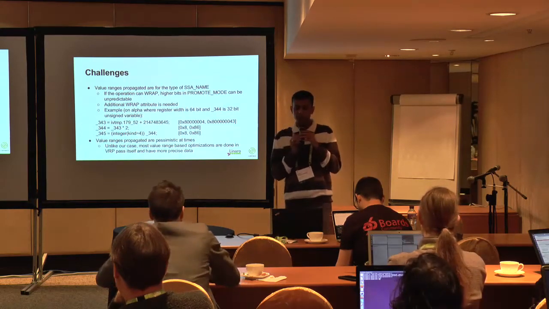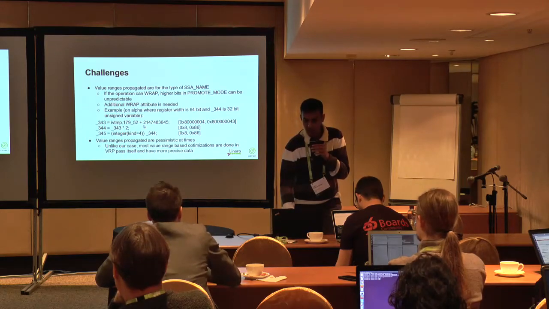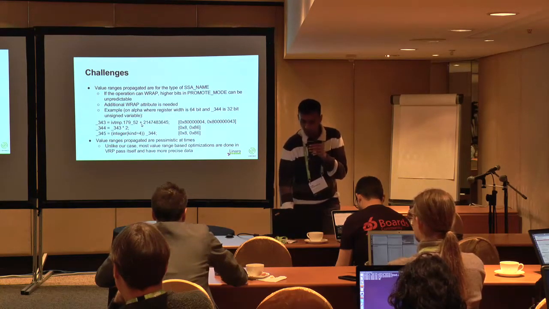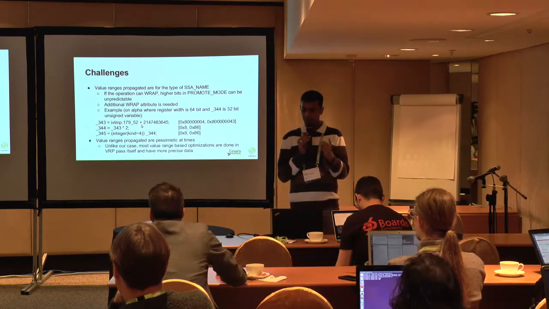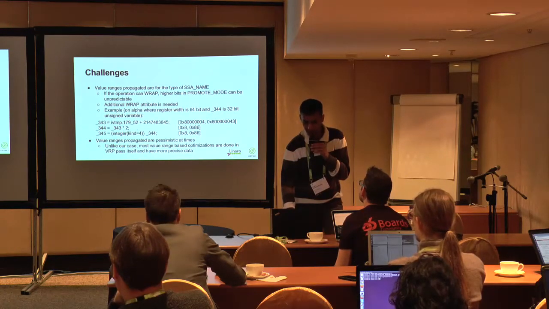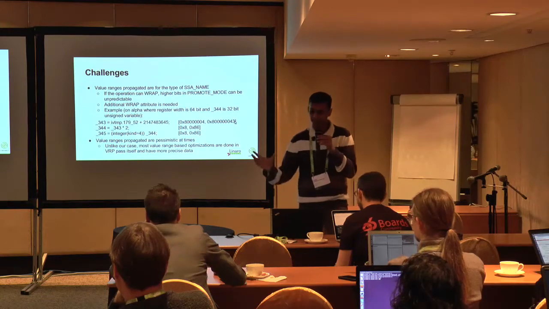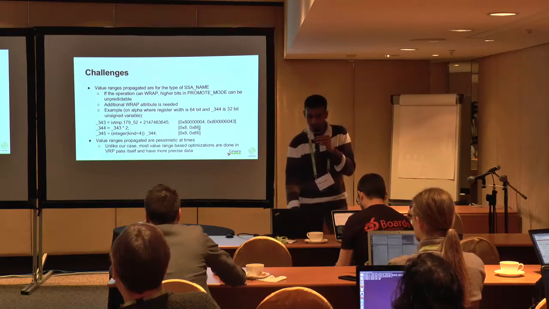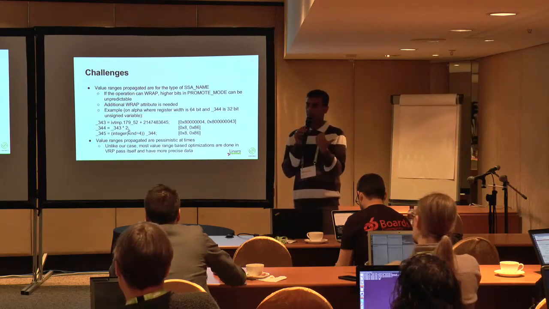to the type. I think the best example is the one we ran into with Alpha, where the promoted mode was 64-bit, and _34 is a 32-bit unsigned variable. Here _343 has the value range shown here. It's a big number, and when you multiply by 2, the operation actually wraps.